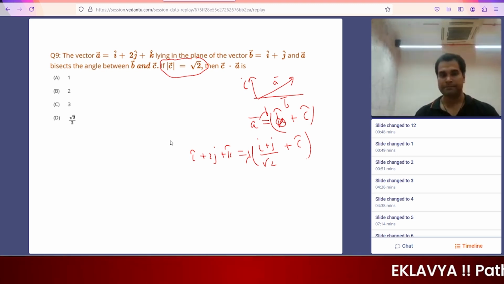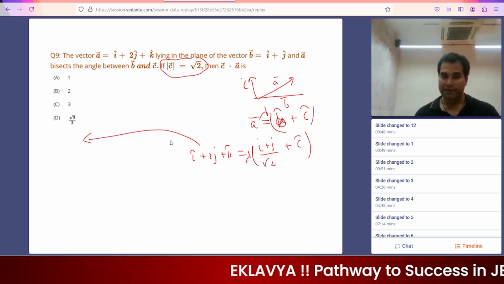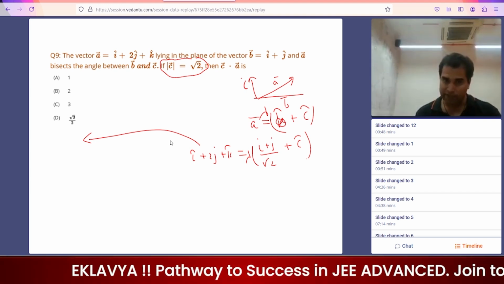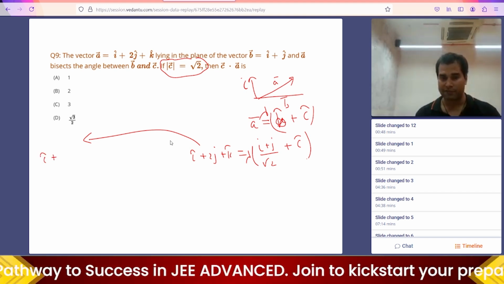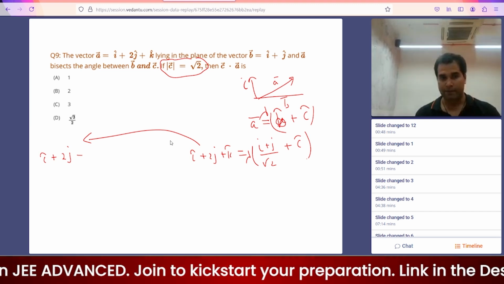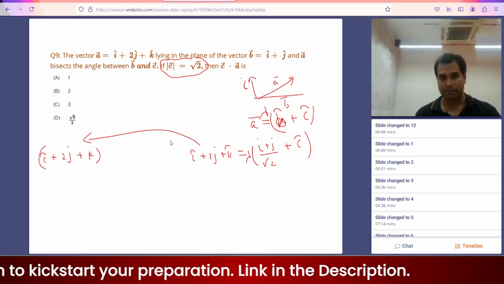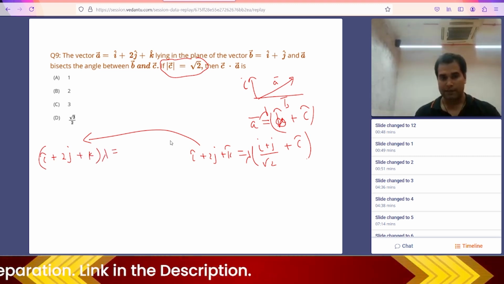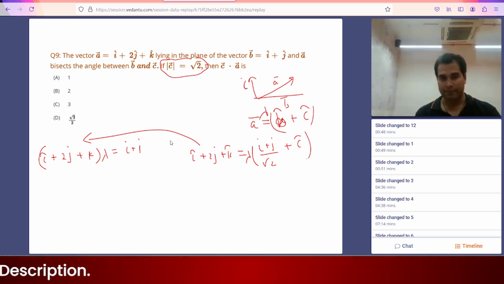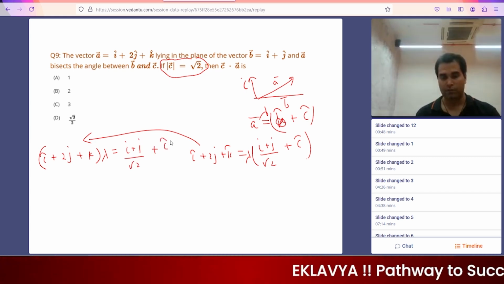Let's find the unit vector of C. If we transpose lambda to the left hand side, this means (i plus j) by root 2 plus c.